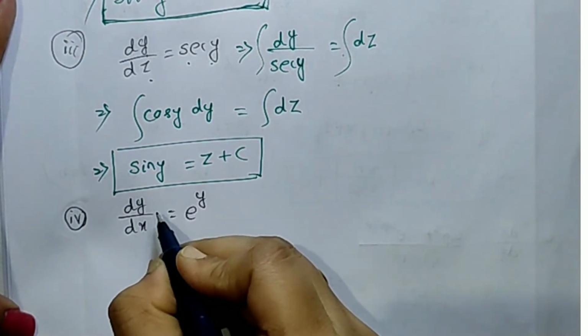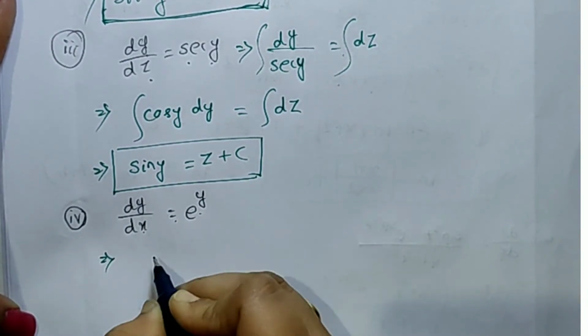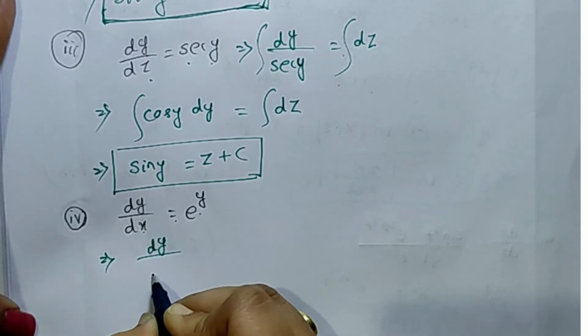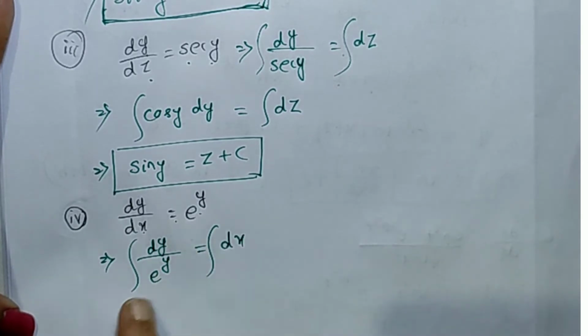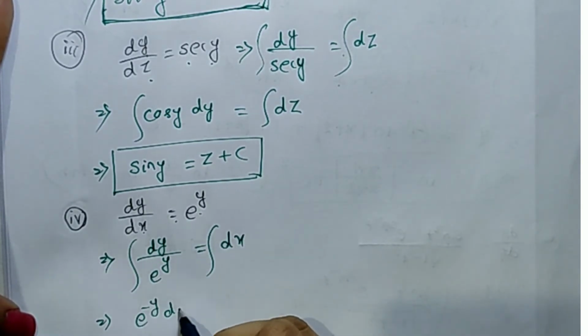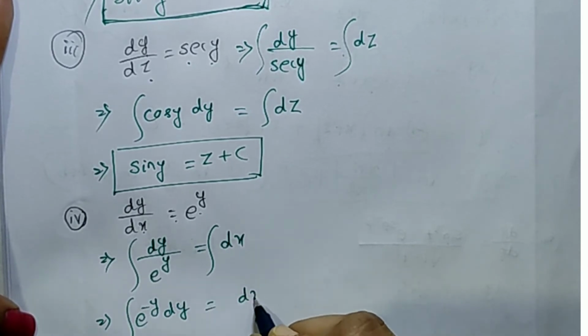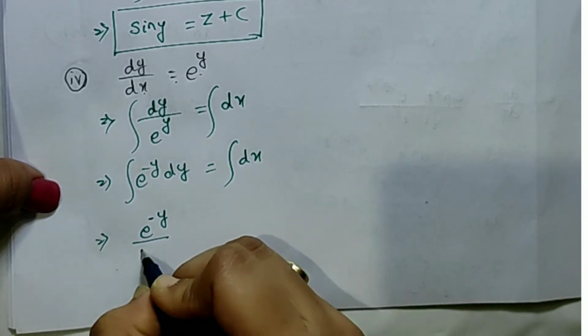The next question is dy by dx is equal to e power y. This is also a function of y, so we can write dy by e power y is equal to dx, taking the y variable on one side and the x variable on the other side. Now this is the integration of e power minus y dy equal to the integration of dx, which implies e power minus y by minus 1.